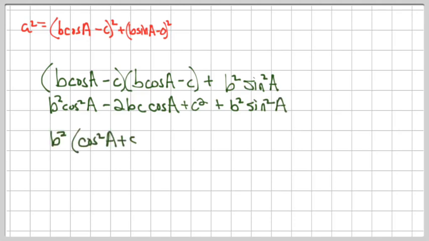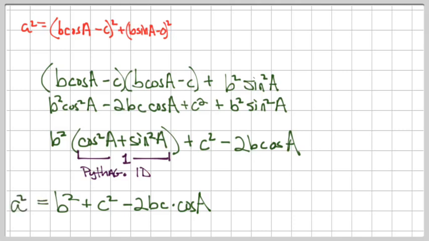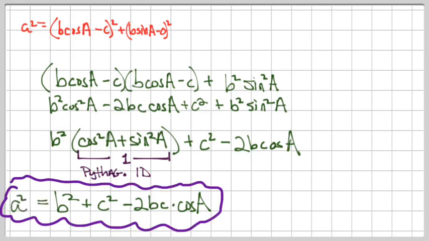Move some stuff around and factor out a b squared, and then you have b squared times sine squared a plus cosine squared a, and that's 1 because it's your Pythagorean identity, so you're left with b squared plus c squared minus 2bc cosine a. That's all equal to a squared, and that is our law of cosines. So that's where it comes from.